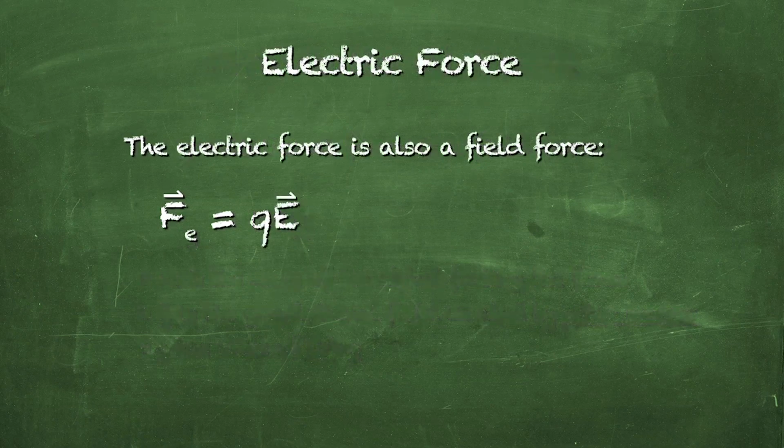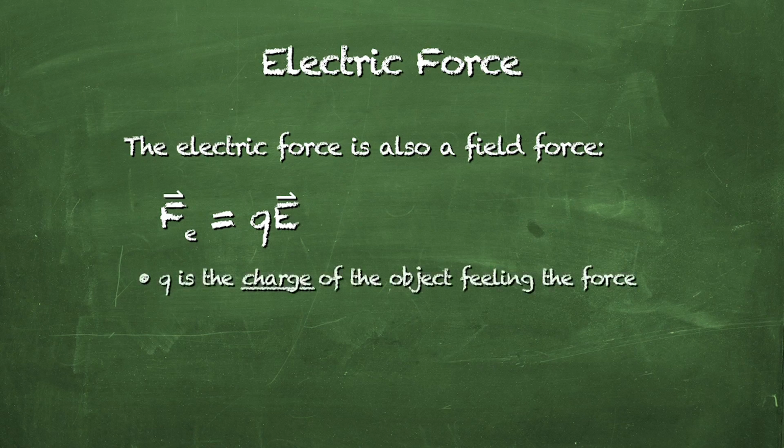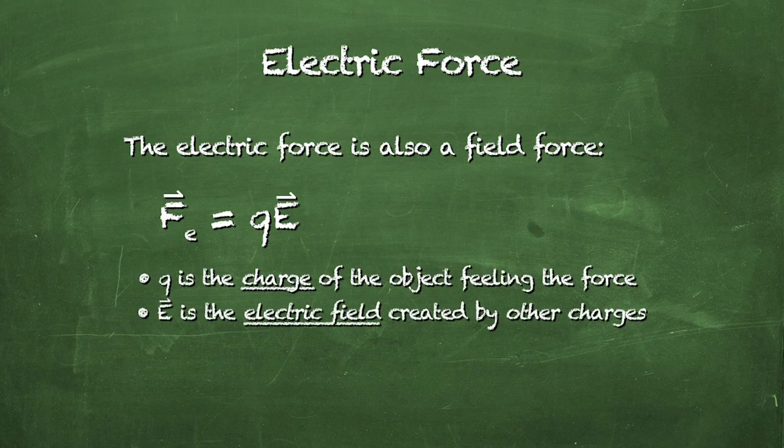The electric force has a very similar equation, and that is F vector sub E is equal to Q times E vector, where F vector sub E is the electric force vector, Q is the electrical charge of the object feeling the force, and E vector is the electric field created by all other charges.